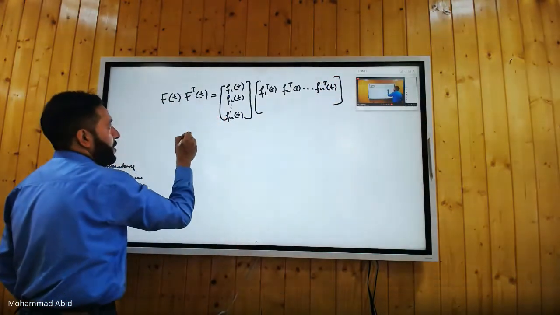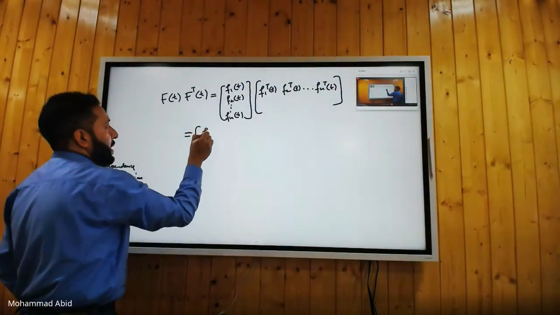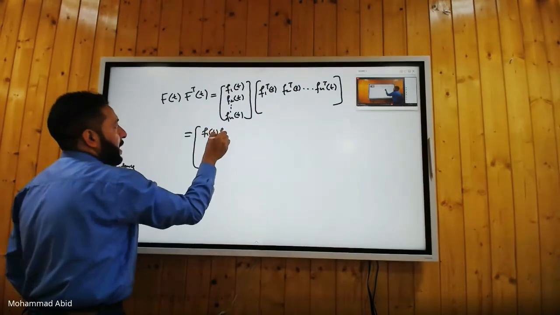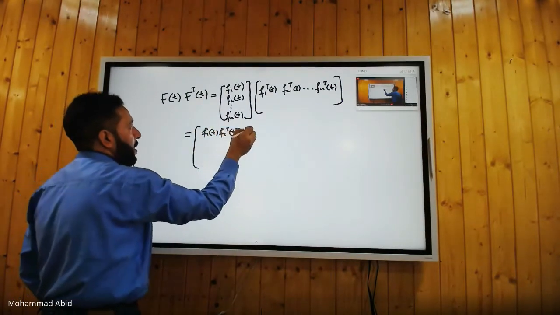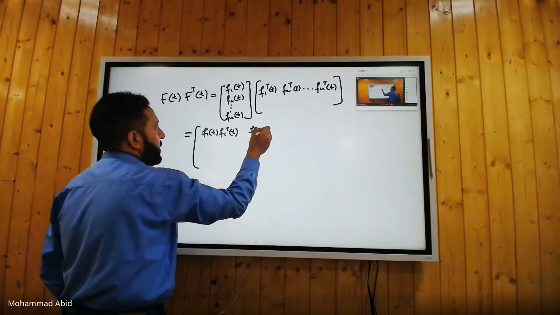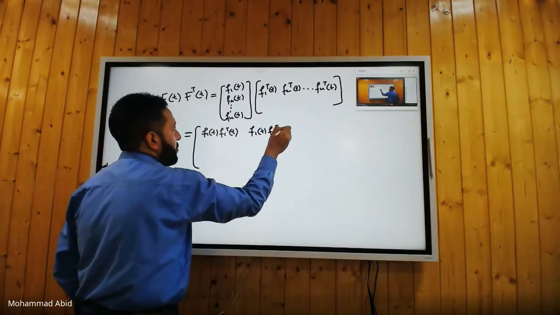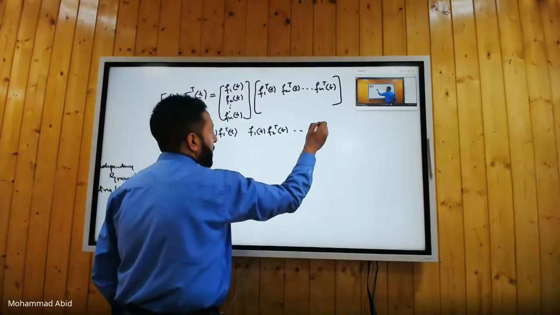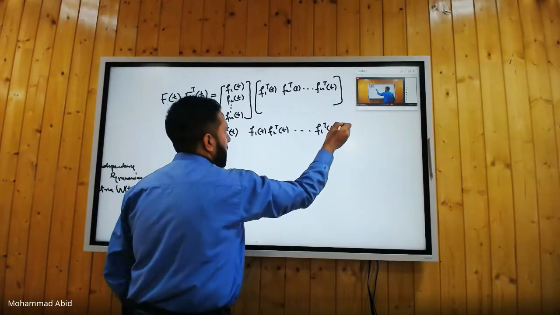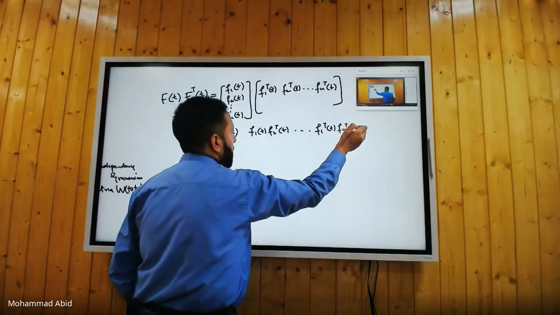So if I take their product, what will I get? I'll get f1t f1 transpose t, then f1t f2 transpose t, so on, f1t fn transpose t.